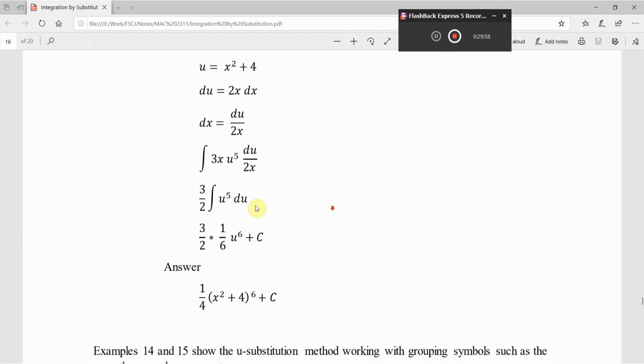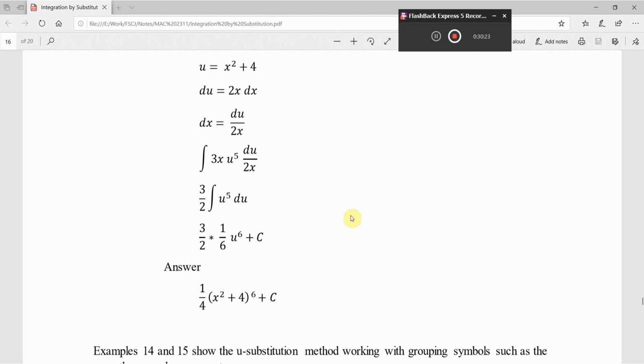Taking the antiderivative of this, adding 1 to the exponent, dividing by the new exponent, so I get 3/2 times 1/6 u to the 6th power plus c. My 3/2 times my 1/6 is going to become a 1/4, times x squared plus 4 raised to the 6th power plus a constant.